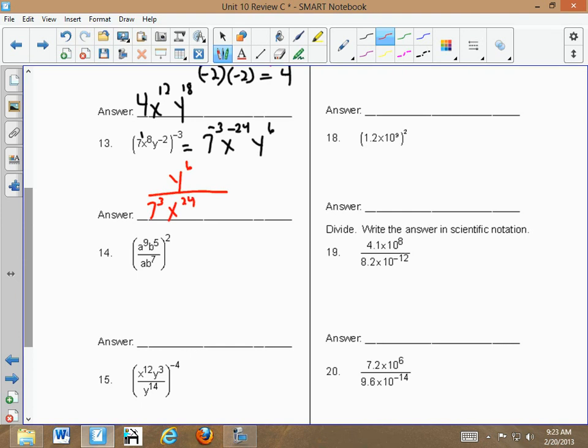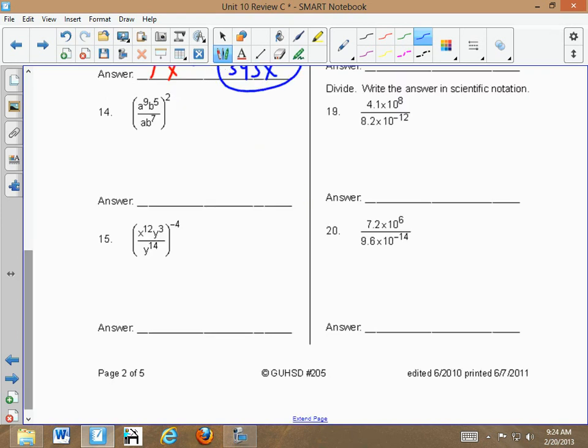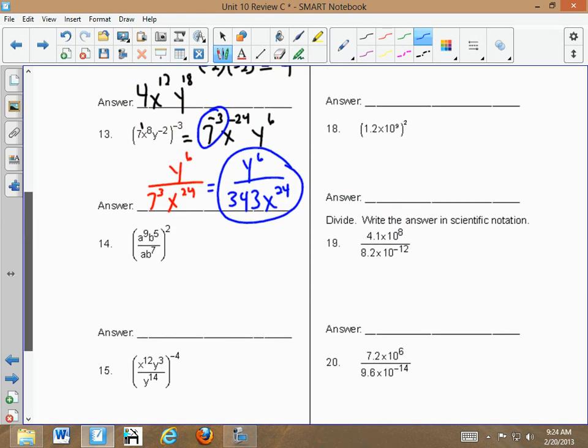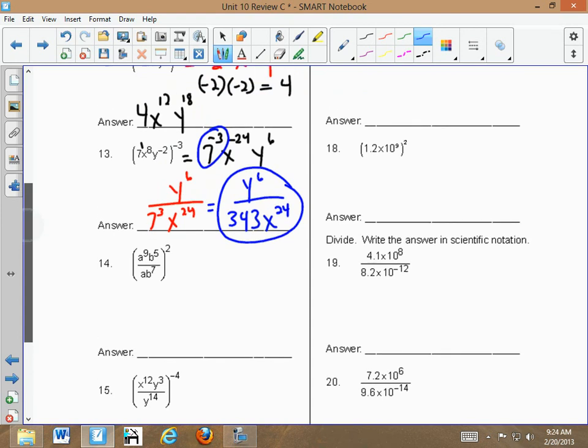X to the 24th goes to the bottom. 7 cubed equals 343. So my answer is y to the 6th over 343 x to the 24th power. Notice how I converted this first to a positive exponent. I put it on bottom to make it a positive exponent before I went ahead and times 7 times 7 times 7 or cubed it. Okay.